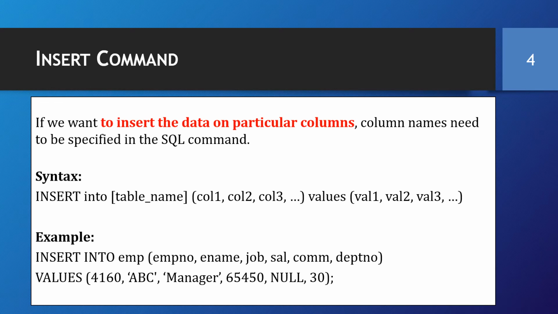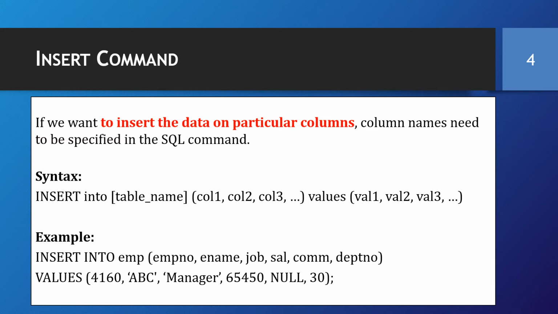By default, the values in the value list will be assigned to the columns as per the order of column definition of the table. That means value 1 in the value list will be assigned to column 1 of the table. If you want to insert data into particular columns alone, or give the list of values in a particular column order, we have to specify the column names in the SQL command.